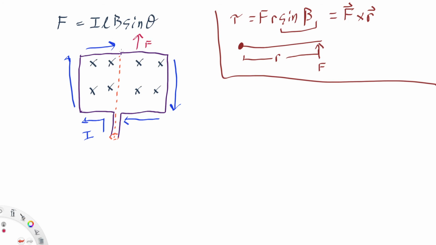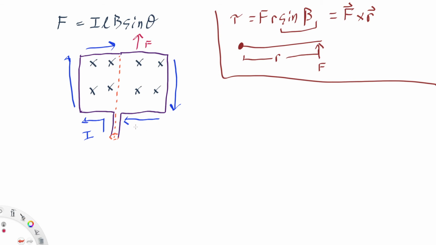The wire's not allowed to move in that direction, right? So that's going to produce no torque, because the direction of the force and the direction of the axis are parallel. They're both going up and down. So no torque from that.